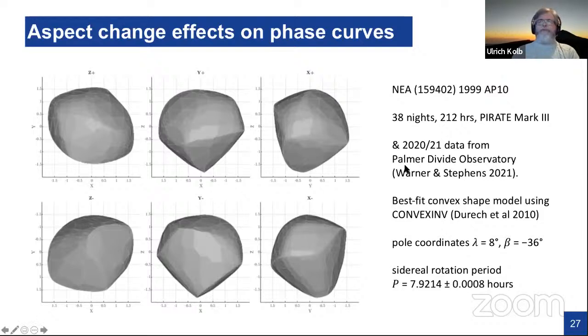So these data were used to construct what you see on the screen, a shape model of this particular asteroid. This shape model is obtained with a particular software, ConvexInv, and as you can see, it uses a number of facets which are given certain emission or reflecting properties according to a model.